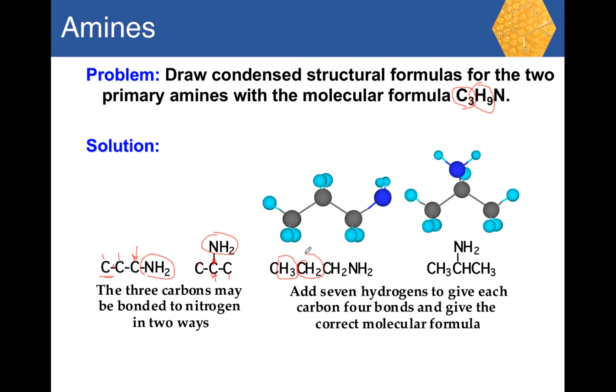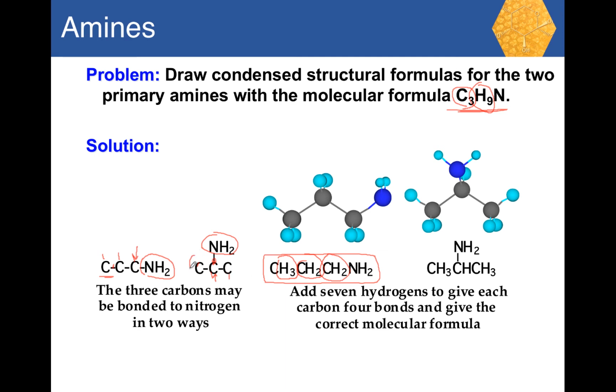We have 2 hydrogens on the carbon in the middle, and we have 2 hydrogens bonded to the other carbon. So this would be a complete structure, one of the structures of an amine that has this molecular formula.